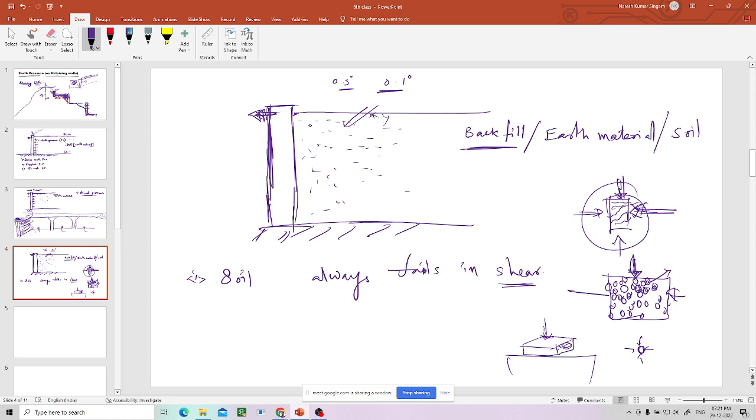compression, let us say compression only, but different. This is, let us say, sigma 1, this is sigma 3. Because of the difference in these normal stresses, before the crushing of the particle happens, some part of the soil, a few soil particles, will try to move in one direction, and other particles will try to move in another direction.